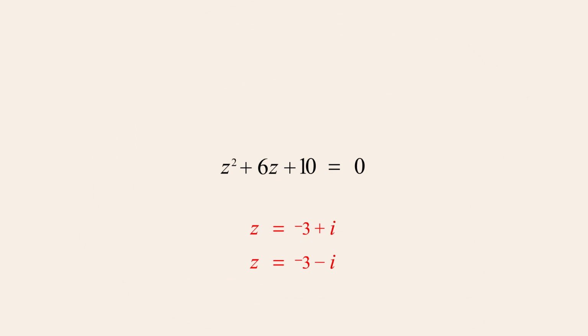We will start by checking the first solution, -3 plus i, replacing z in the quadratic equation with that complex value.